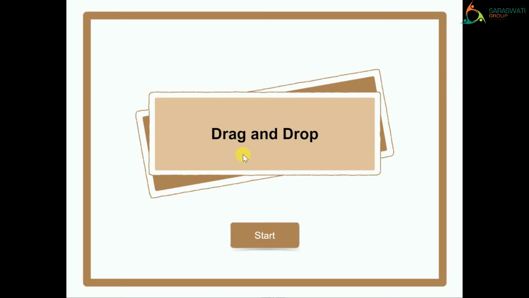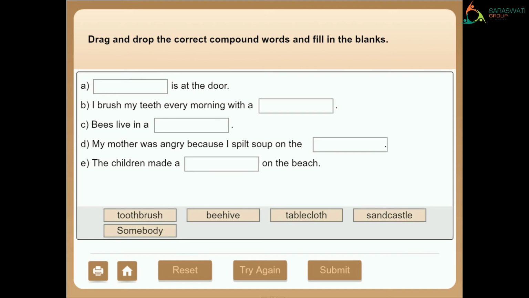Let us go to level 3 of our game. And this is drag and drop. Drag means to pull something, and drop, where do we have to drop the words? Let us see. Oh, here fill in the blanks are there.